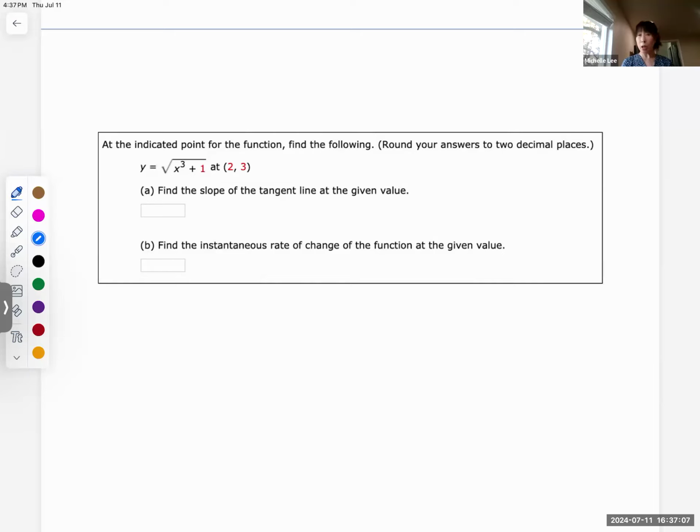Okay, we learned for derivative that we need to find marginal revenue, marginal profit, and marginal cost, right? Now we're going back to find the slope of the tangent line.